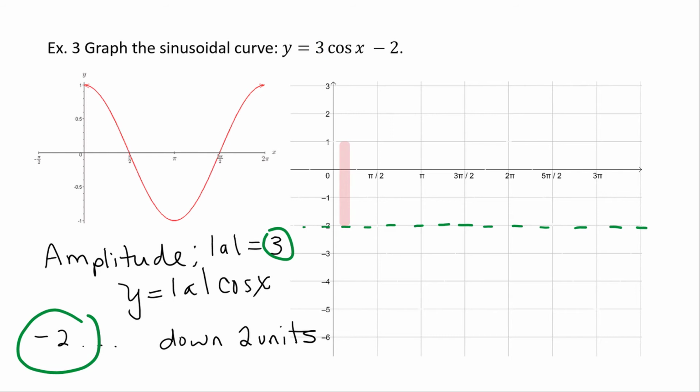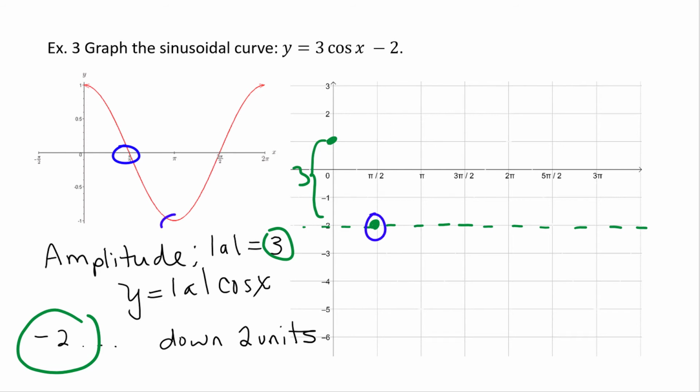So I would begin by plotting 1, 2, up 3. This is the amplitude of 3. And then let's go with the basic shape that we do know. We know that at pi over 2, the cosine is 0. And so with the shift, at -2 is where the pi over 2 is going to have the 0 effect.